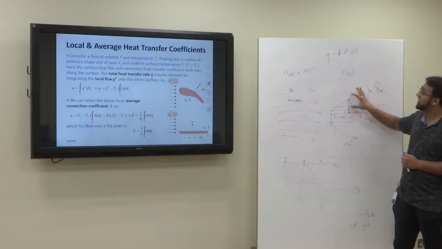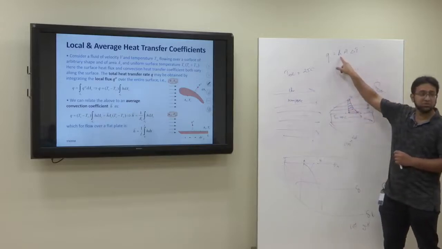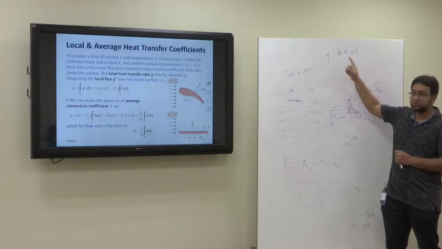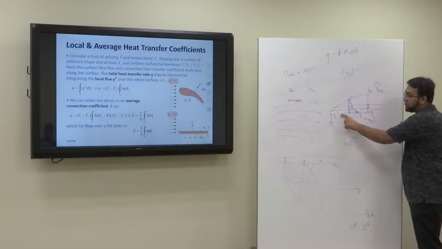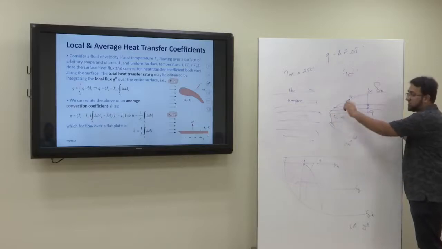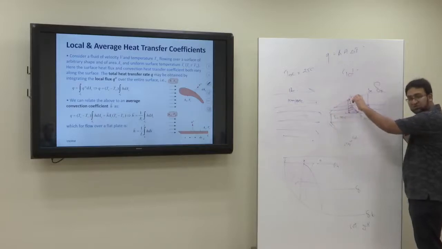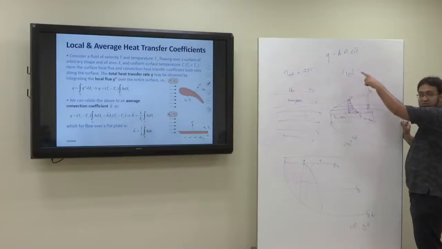So as the location changes, the thermal boundary layer thickness changes and the Q changes.